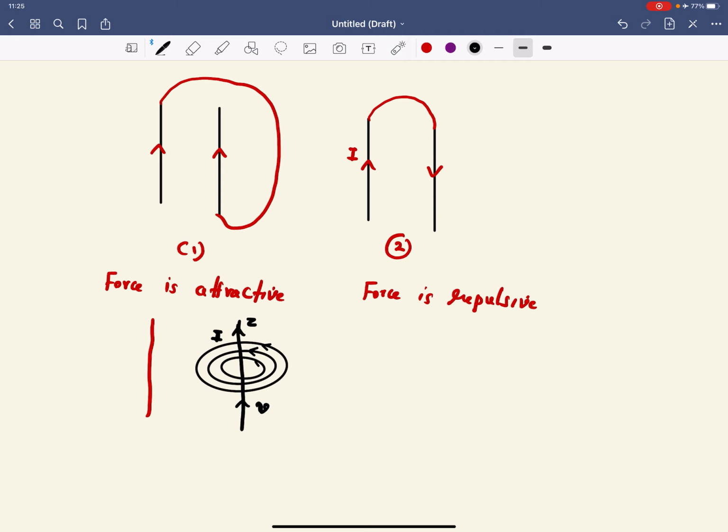This is in fact a steady current. There is a velocity involved here, and this velocity vector and the magnetic field vector form a cross product.